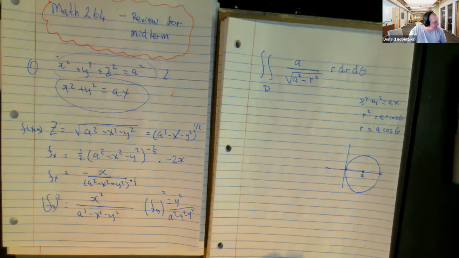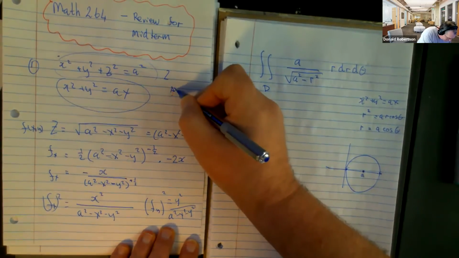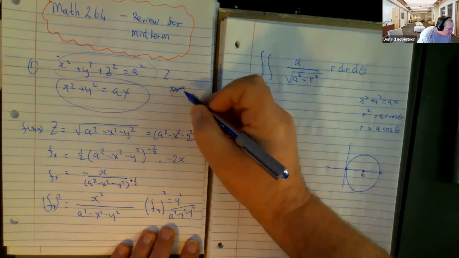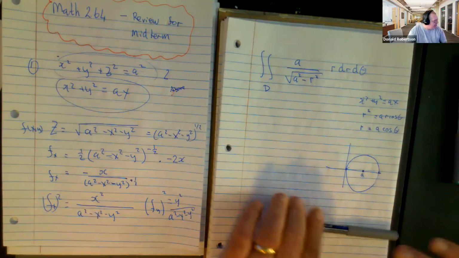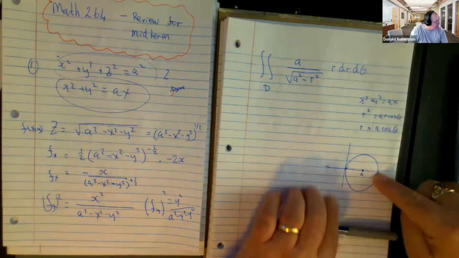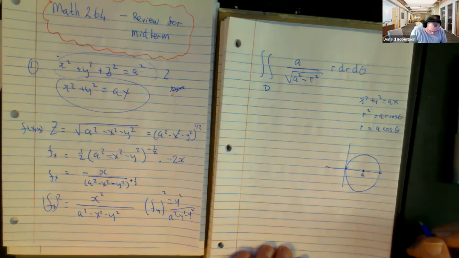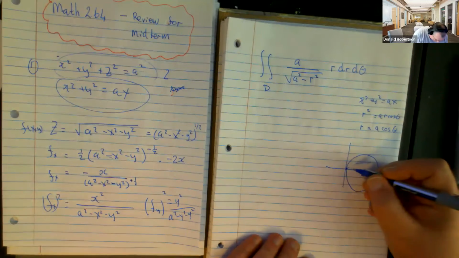Now we have an extra piece of information, and it says it's above the XY plane, which is basically just saying it's above this way. But why am I not being able to use the bottom? Why can I not use the bottom? Oh, I can.